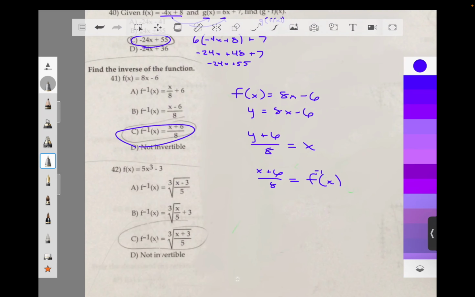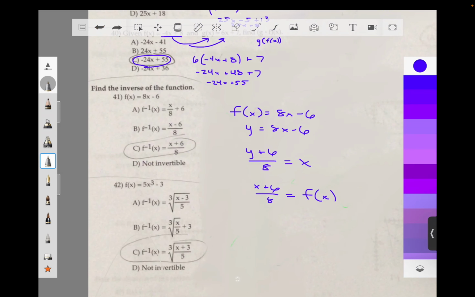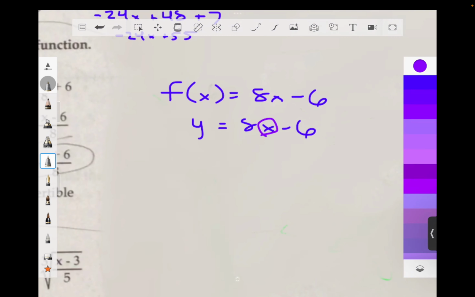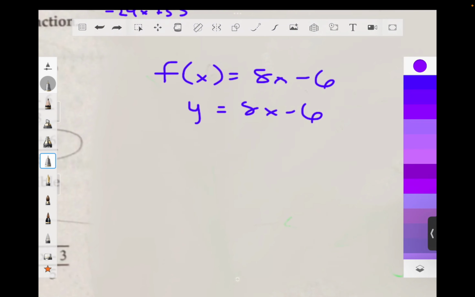Look at that. So for the inverse of a function, you're given f of x, which is again y. So write it that way. You are solving for this x, right? So it's going to be y plus 6 equals 8x. And then divide by 8 on both sides, it's going to be y plus 6 over 8 equals x.